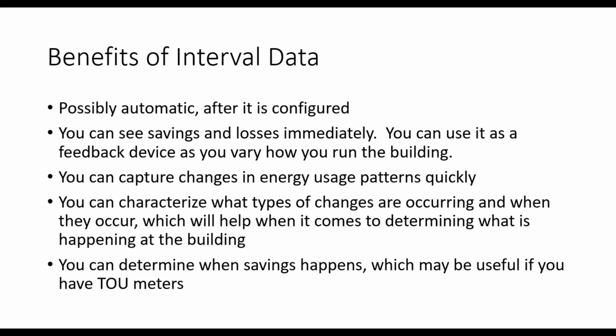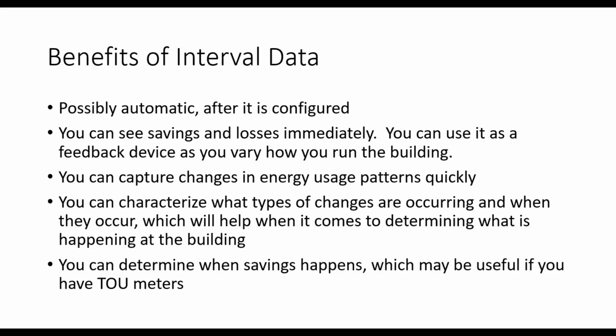But after you get 3 where usage is high, then you might realize, oh, we have a pattern. Something happened. Well, that's like 6 months down the road. So that's what's really nice about interval data: you can identify this pretty darn quickly, as opposed to waiting. And that means you didn't waste a lot of money in not making your savings guarantee.